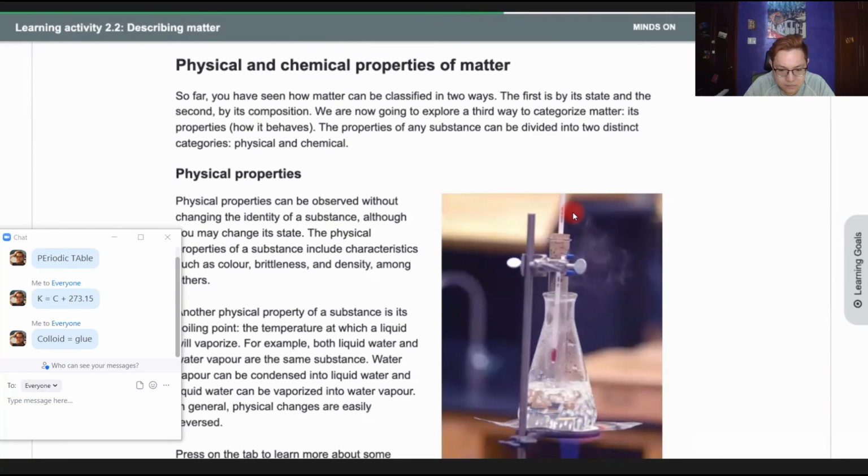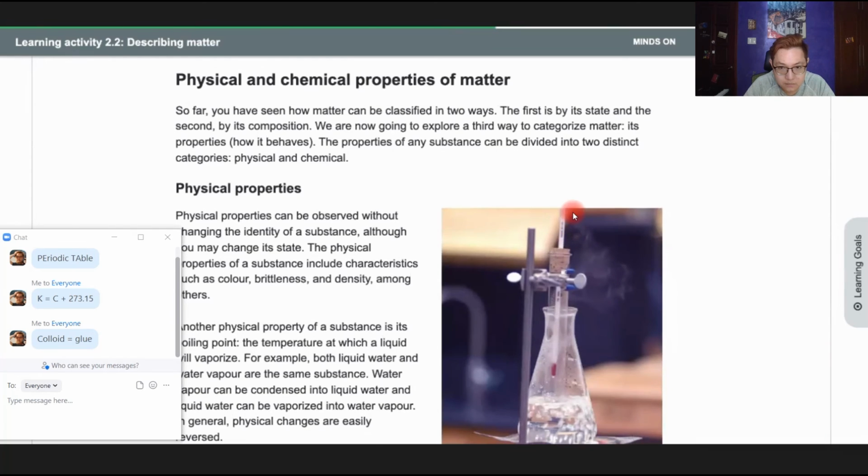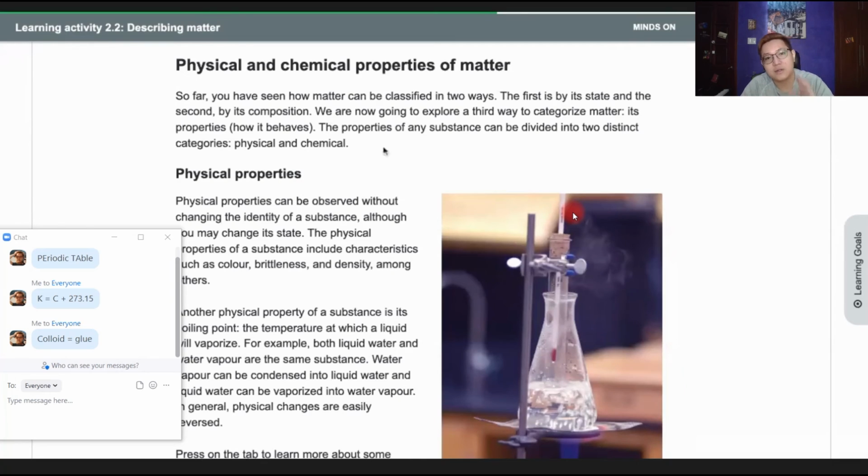Physical and chemical properties of matter. So far, you have seen how matter can be classified. Let's talk about the properties of water. Water is a very special substance. At 4 degrees Celsius it has the biggest volume, but it's still a liquid at that stage. When you drop down to zero, it has a smaller volume and becomes solid.